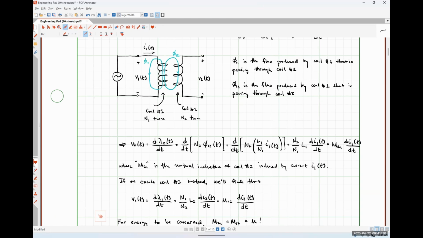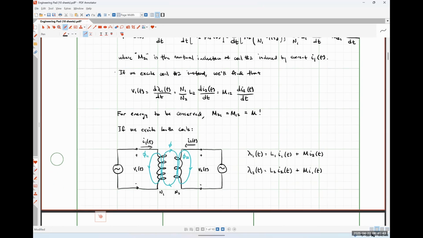I didn't have a self-inductance term because coil 2 is open circuited, so we know that I2 is 0 in this case. Now that I've completed the circuit on both sides, my flux linkages are dependent on current 1 and current 2, and what we'll find is that our voltages are going to be dependent on current 1 and current 2, right?